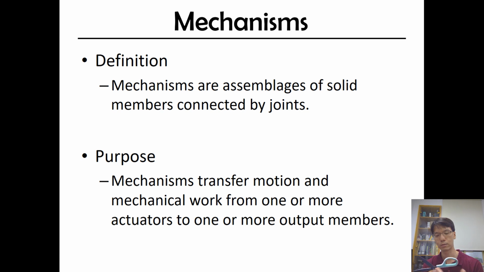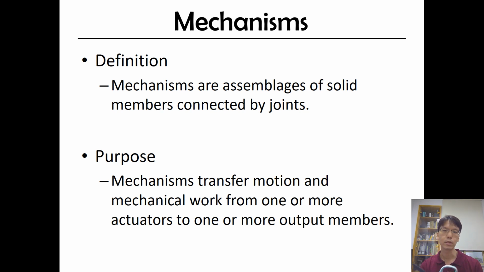This blade is welded with this handle. So we consider this one as one solid member, and this one is another solid member. So for a pair of scissors, there are two solid members, this blade and this blade.